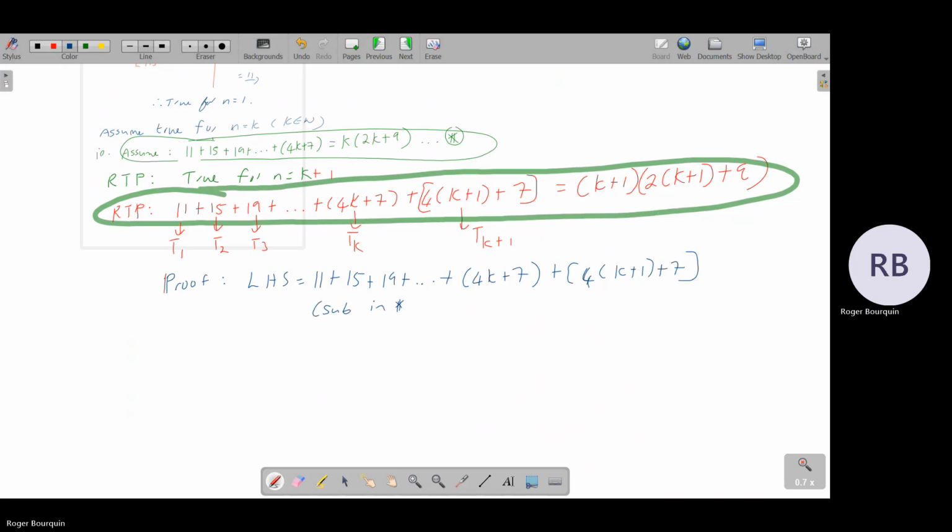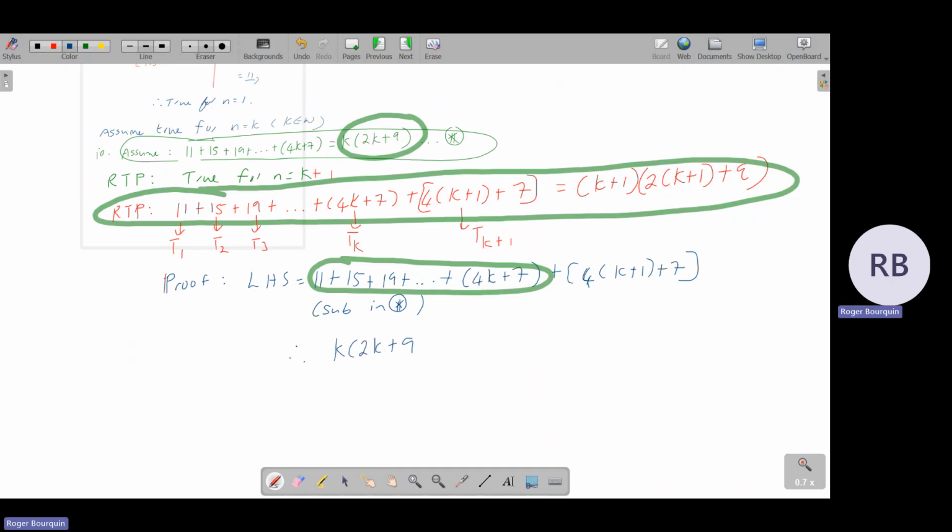Tell me please, what we're going to do in our proof. What are we going to sub in? What are we going to replace this with? k times 2k plus 9, do you agree? So we get k times 2k plus 9.